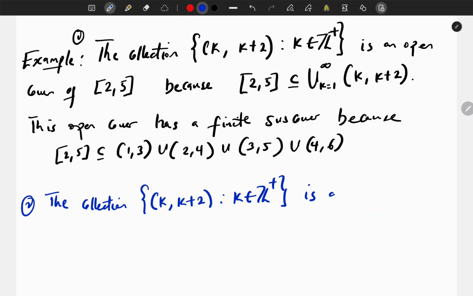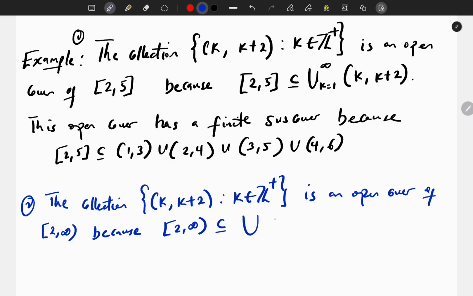It is an open cover of 2 comma infinity. Why? Because 2 comma infinity is a subset of the union of our collection k comma k plus 2, k equals 1 to infinity. However, this open cover does not have a finite subcover because this set is not bounded here.